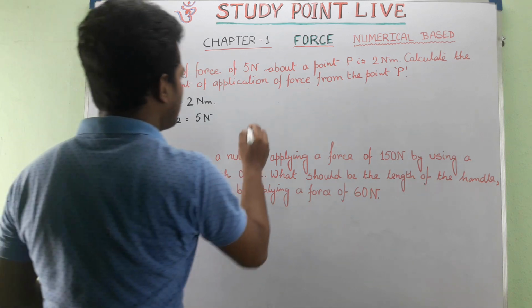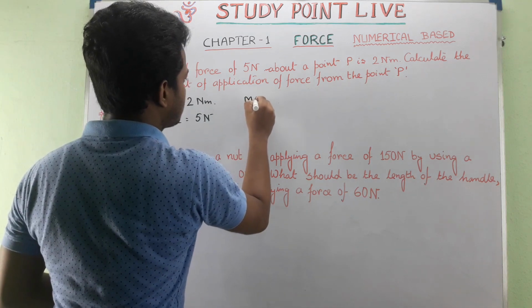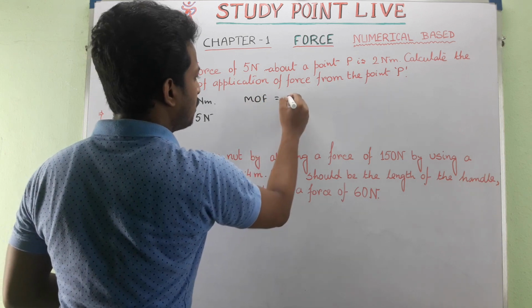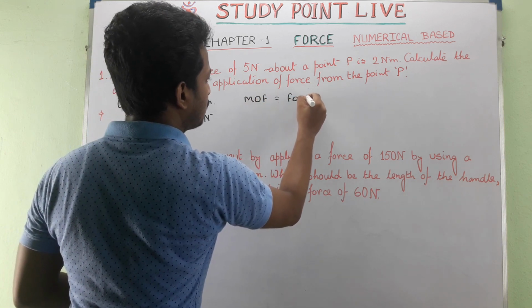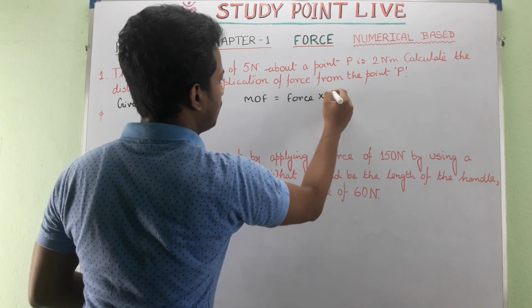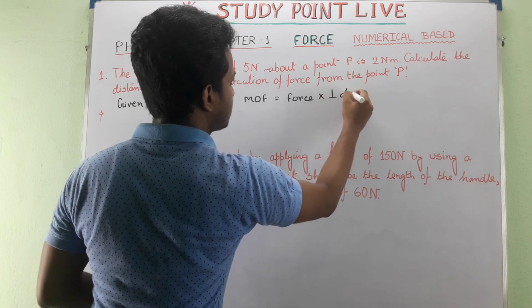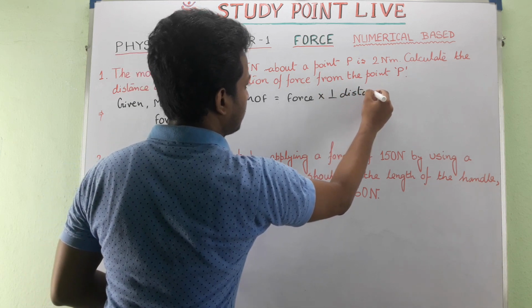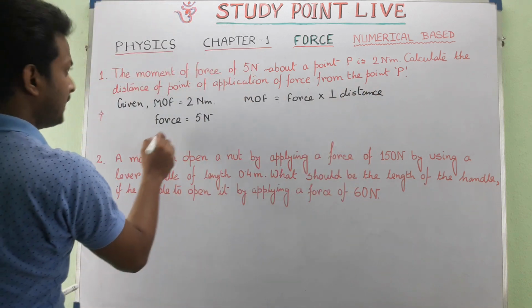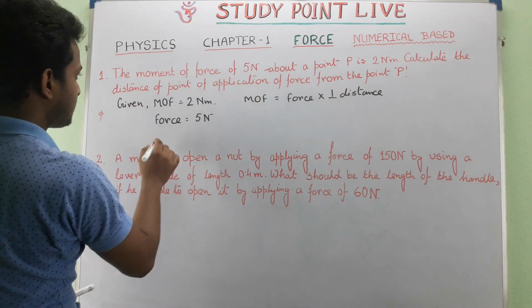Now, as we know, moment of force is equal to force into perpendicular distance. And here we have to find the distance. In this relation there are basically two known terms: the moment of force, which is given here as 2 Newton meter, and the force, which is 5 Newton.